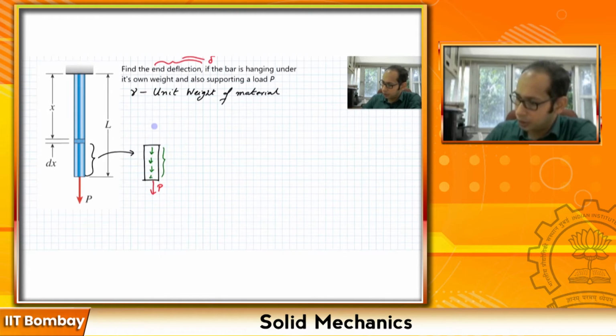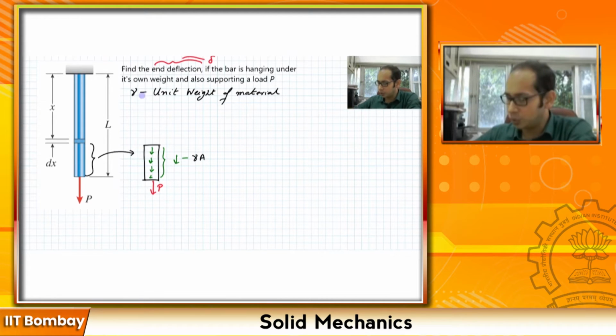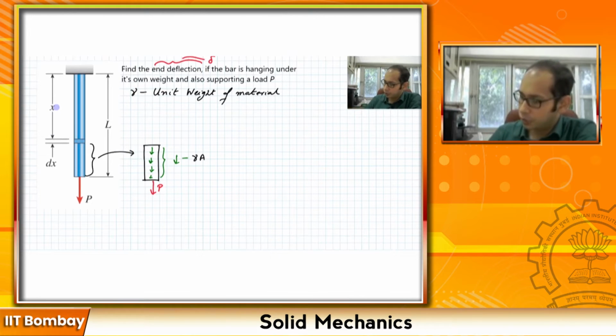This self weight is nothing but gamma times the area of cross section A and this particular length. The total length of the bar is L and we have this x over here, so this particular length is L minus x. So it is gamma A times L minus x, right?